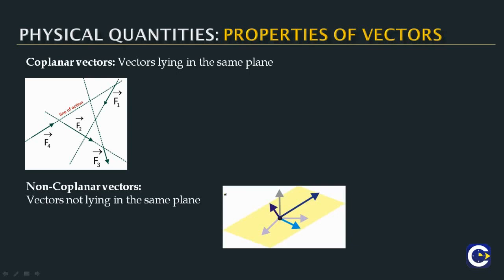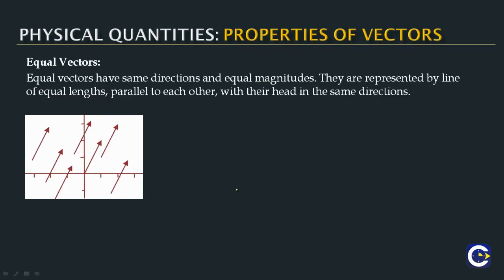Non-planar or non-coplanar vectors means vectors which are lying in space, which means we will not be able to find a common plane. These are called non-coplanar vectors. Equal vectors: we say two vectors are equal when they have the same direction and also the same magnitude. We can see all the vectors drawn over here have the same magnitude as well as the same orientation. So they are called equal vectors.